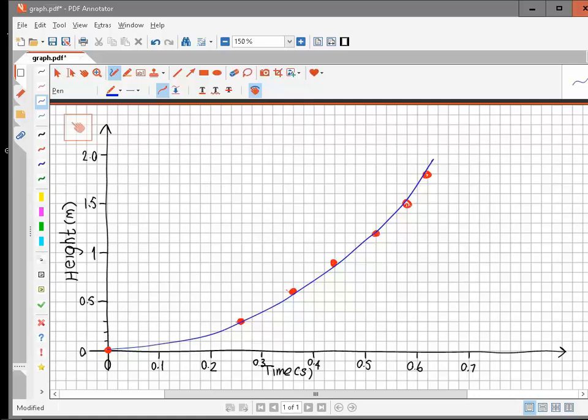And now we just need a title on the graph, so we can label this drop height versus drop time. And there's the finished graph.